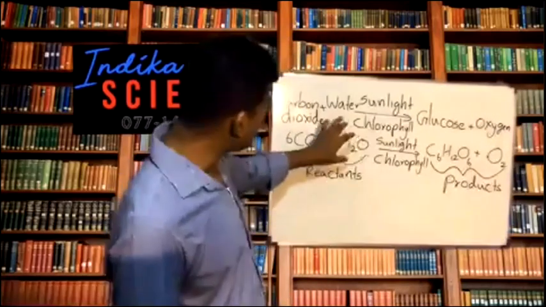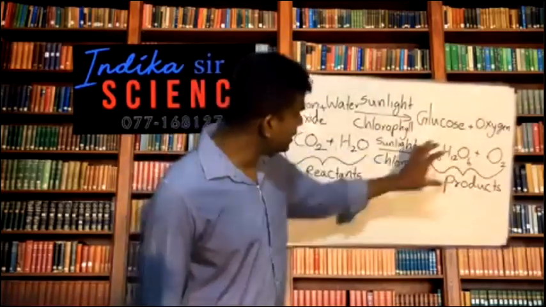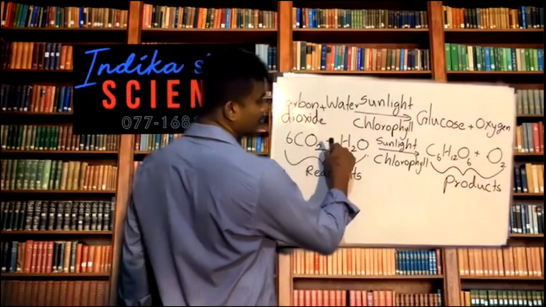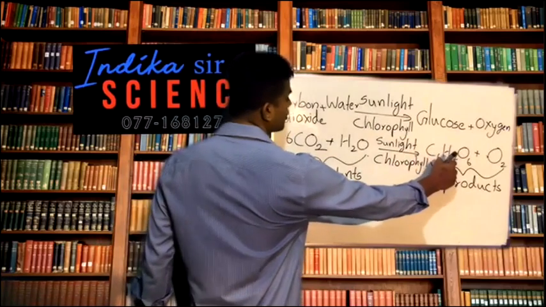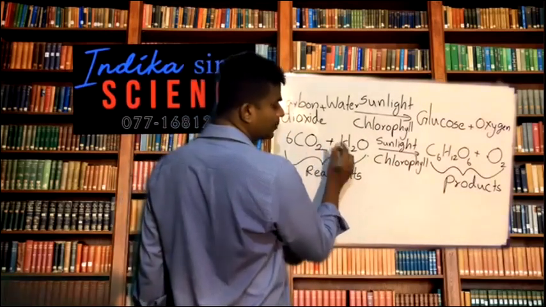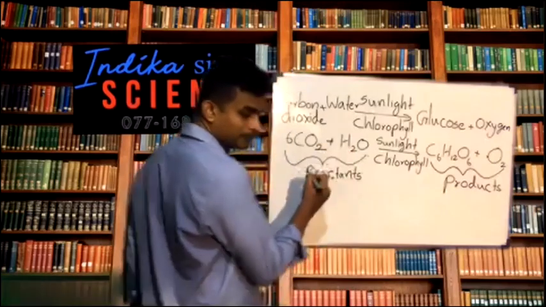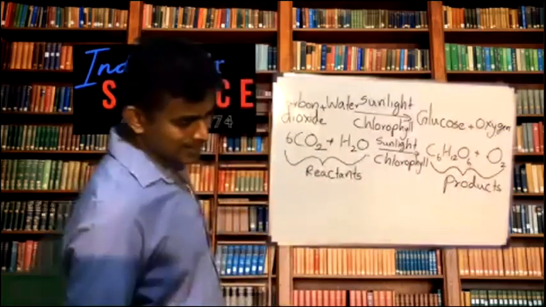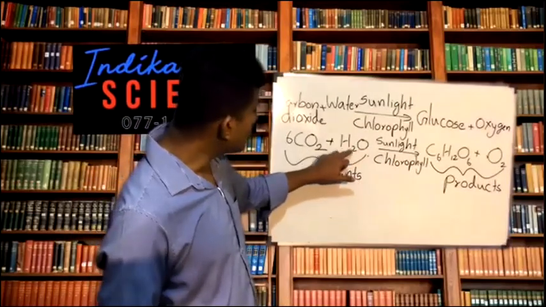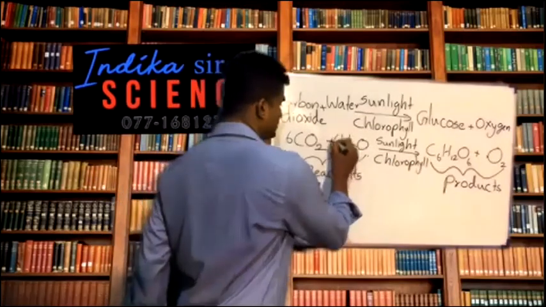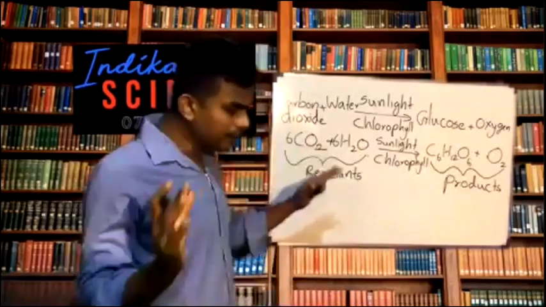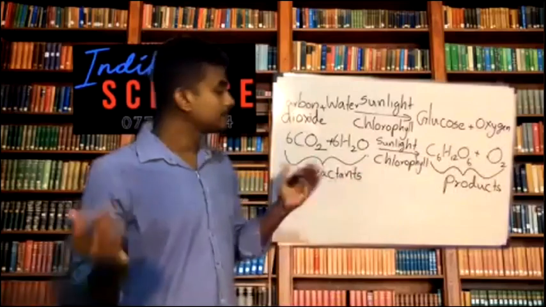In order to balance product side hydrogen with the reactant side, what is the number that I have to put here? Here 12 hydrogens. 2 into 6, 6 into 2, 12. Now hydrogen also, reactant side and product side balance.